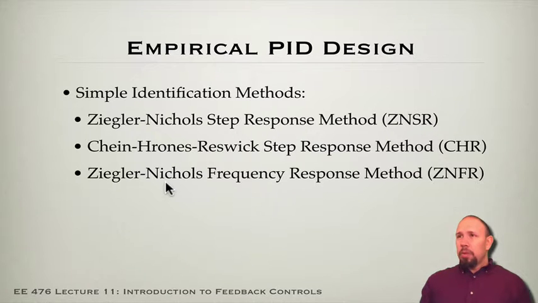This one uses a P controller that you tweak until the system is on the boundary of stability. That is, you get a sustained oscillation going in your system, and based on that, we can design a controller. This is the empirical design. Again, I'm not going to go into great detail about this. I talk about this in E314, and I'll probably just reference those videos if you want to check the actual details.